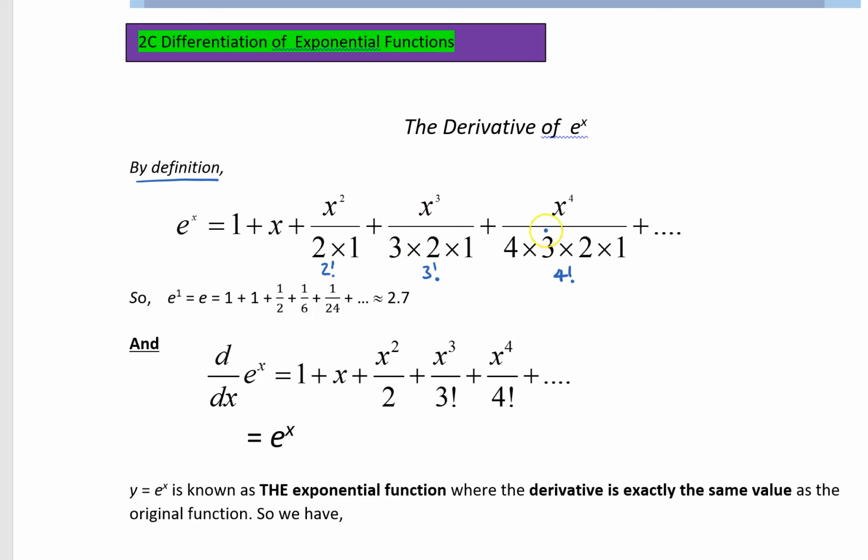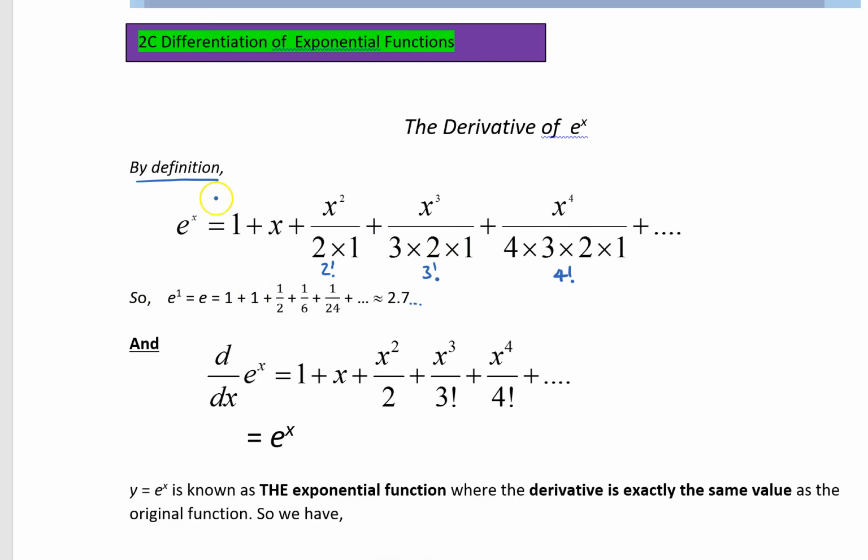Put 1 in here, 4 3s are 12, 2s are 24, 1 on 24. Should we add these up, or find the limit as x approaches infinity of that, you do get the number 2.7 ... So that's not showing anything about the derivative, that's just showing the definition of e to the x and actually what e to the 1 would be.